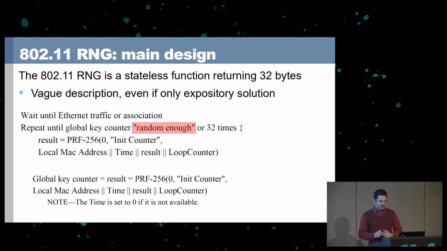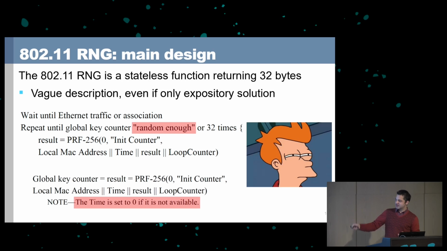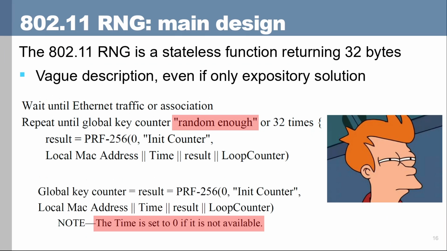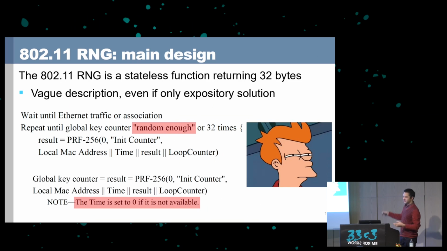A bit suspicious as well is the end of the loop. During certain parts of the loop, they say if the time is not available, you can simply set it to 0. This line might not be that bad if they included something like, if you set the time to 0, maybe you should do more iterations of the main loop.